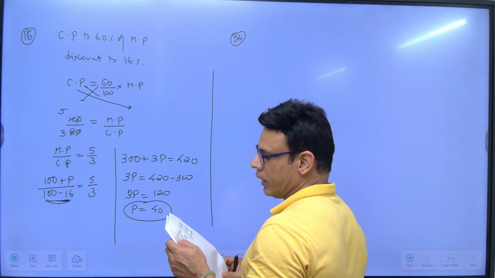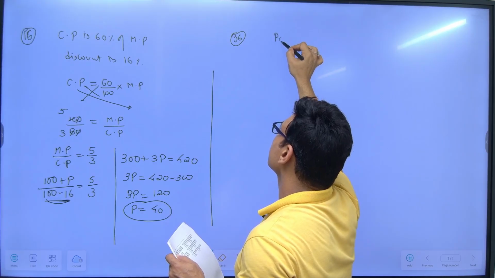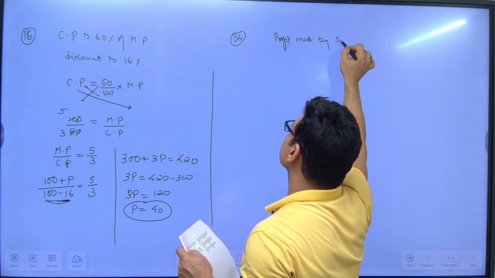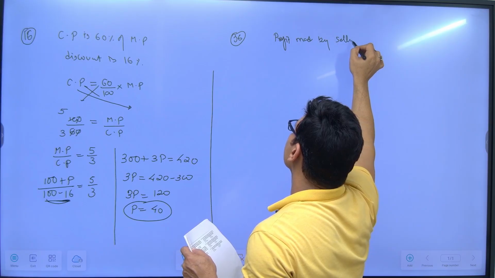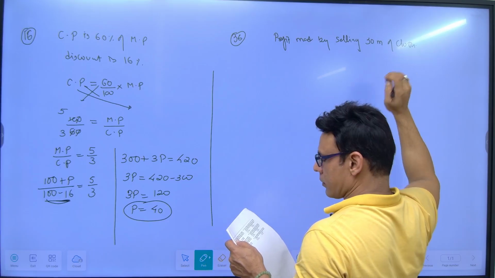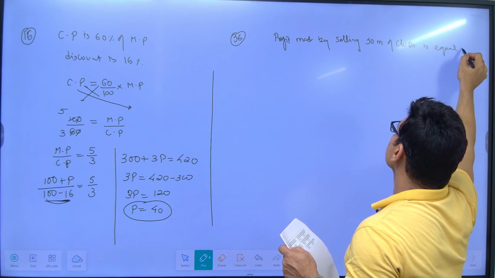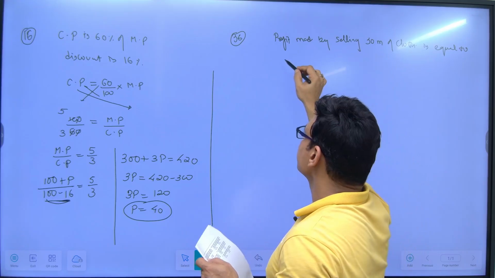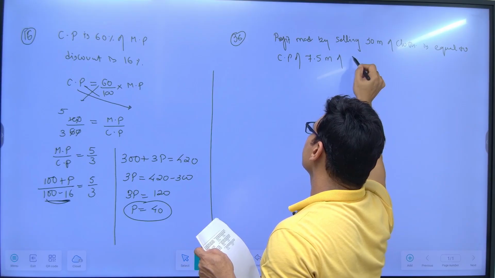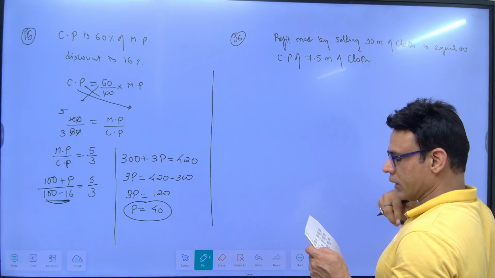The profit made by selling 30 meters of cloth is equal to the cost price of 7.5 meters of cloth.